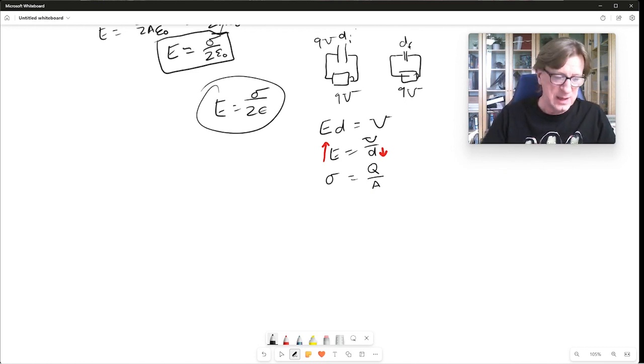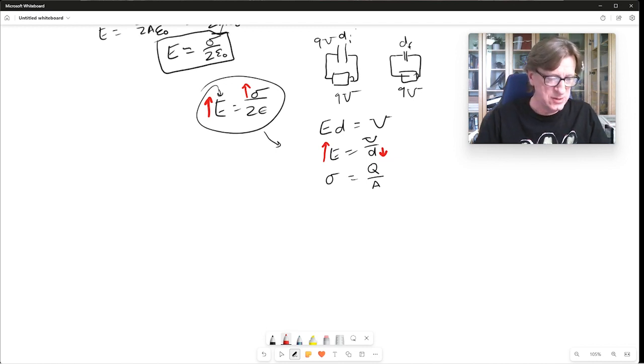I have already defined that using this. So we're going to plug this one down here. This has increased, so the electric field has increased. So what has happened to the area charge density? Well, this one must also have increased. So my area charge density has increased.